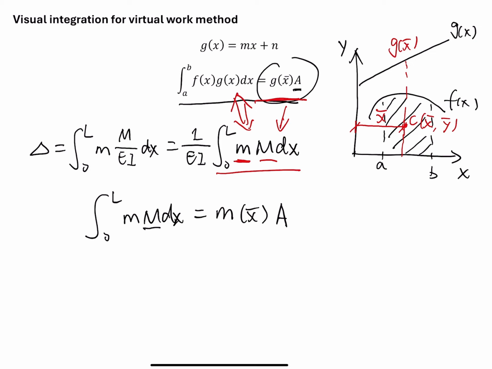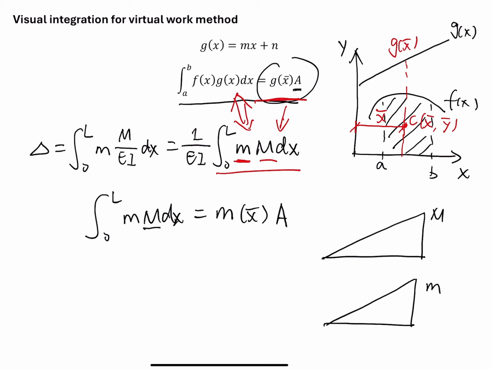That's just to show how to understand this expression. So assume this is capital M, the internal bending moment in the real system, and this is the small m.